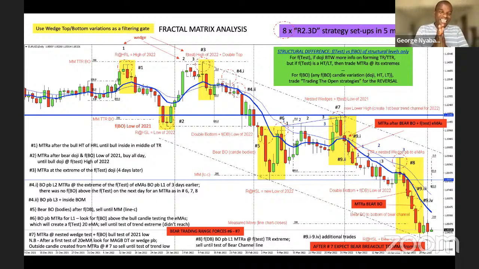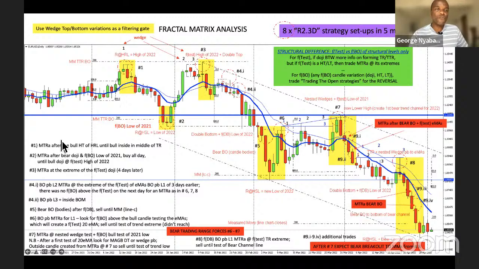If that first candle of the day correlates, so if I'm looking at this and trying to find a way to get into the market at this level, okay? So what I'm looking for, MTRA, it's a major trend reversal alert after the bull high test of a hidden resistance level until the bull inside in the middle of the trading range.